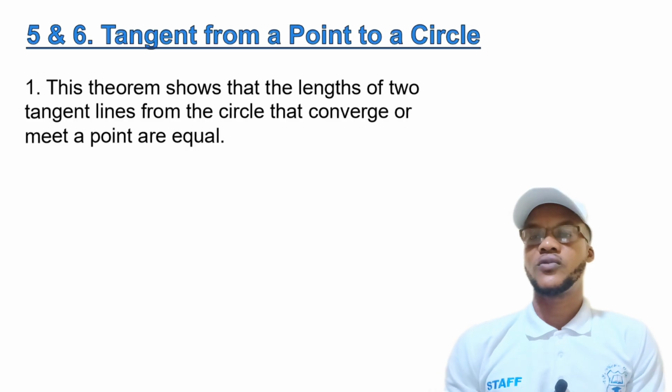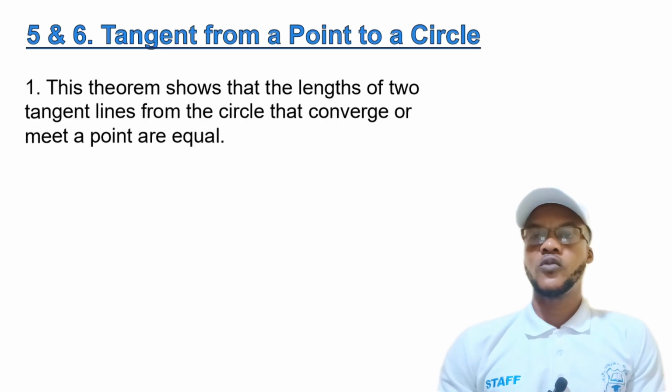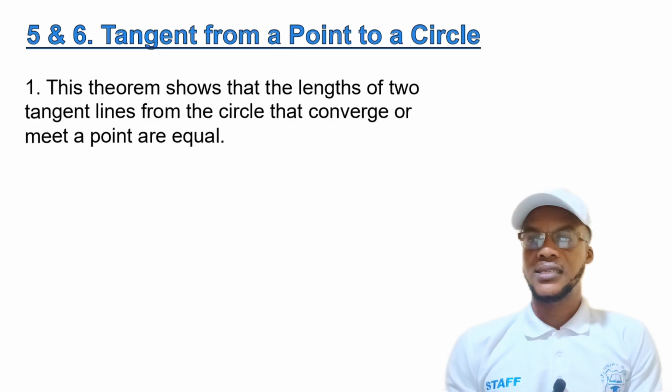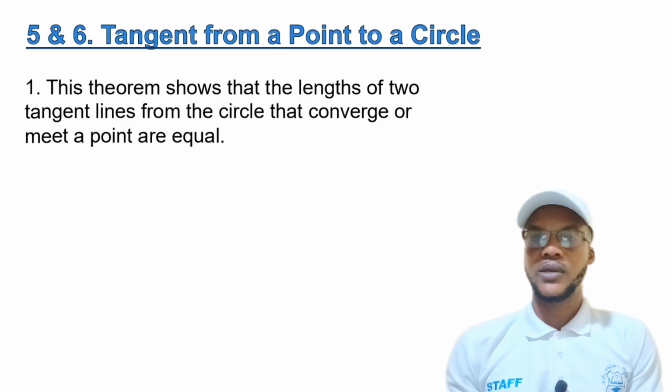What we are trying to say is that if you draw two lines that touch the circumference of a circle, and those two lines meet or intersect at a given point, then the lengths from their respective points on the circumference to that point where they intersect are equal.